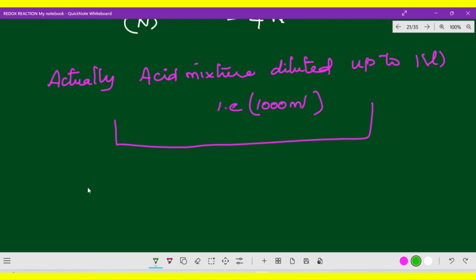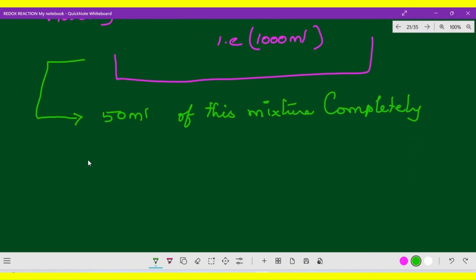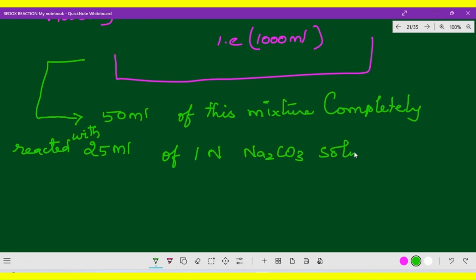In that, 50 ml of this mixture is completely reacted with 25 ml of 1N Na2CO3, that is a basic solution. So this is a base, and the acid mixture combines with the base, an acid-base reaction.